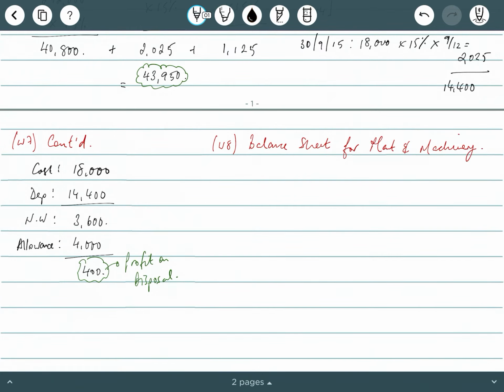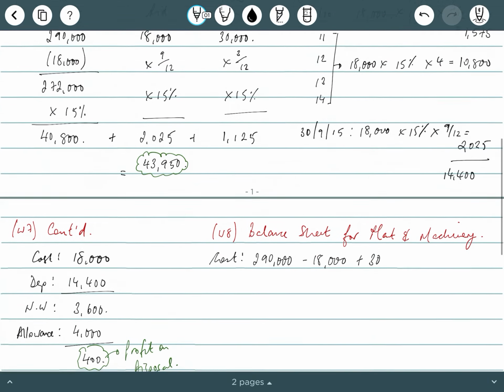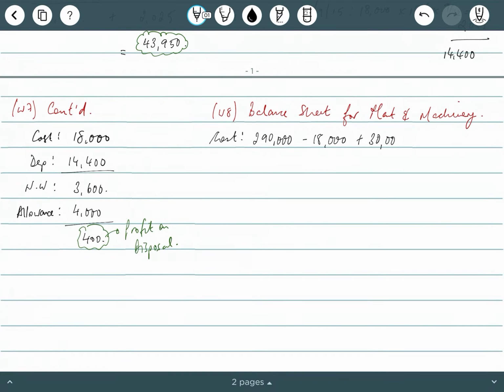So let's look firstly at cost. Cost was 290,000. Got rid of a vehicle for 18,000 and gained a vehicle for, was it 30? Yeah, 30,000. And that gives us a figure of 302,000.